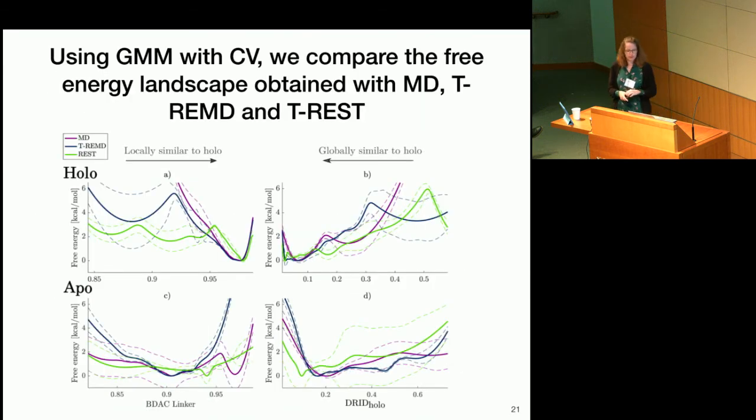And these are the resulting free energy profiles, using this robust free energy estimator I mentioned, Gaussian mixture model with cross-validation.